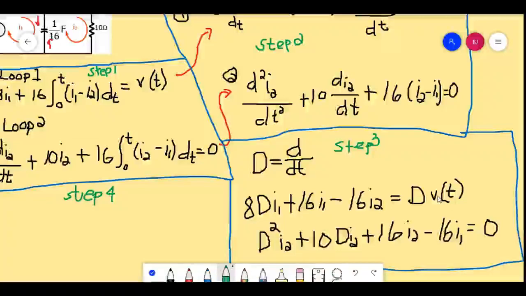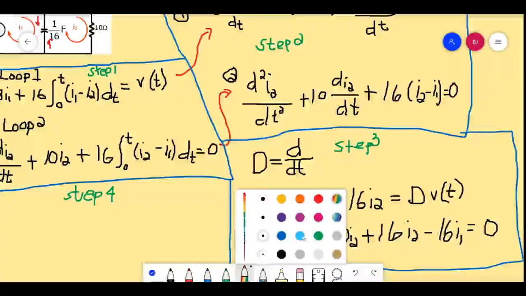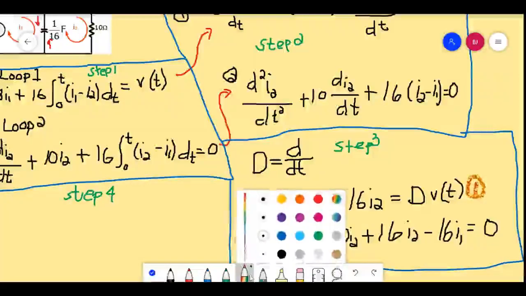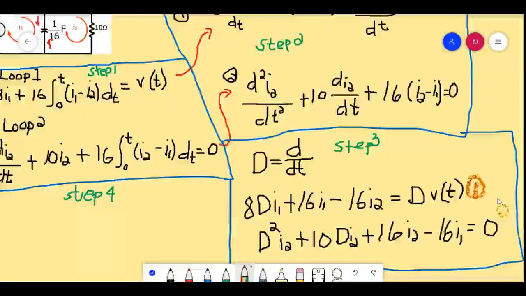Okay, so let's try to fix this a bit and see what are the factors for I1 and I2 for equations 1 and 2. Let me just write in the equation number here. Okay, so this was the equation 1. There we go.